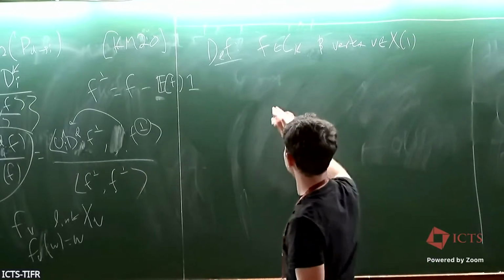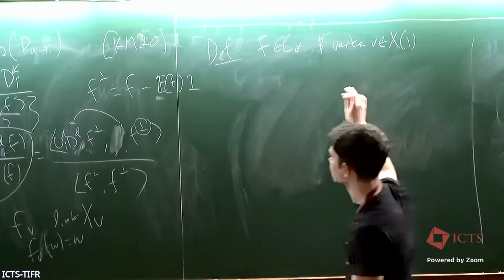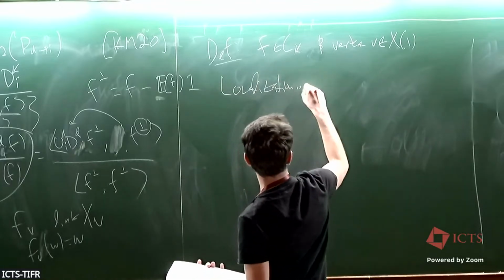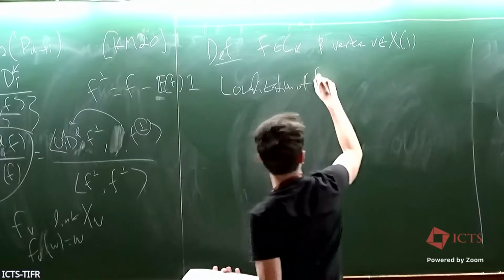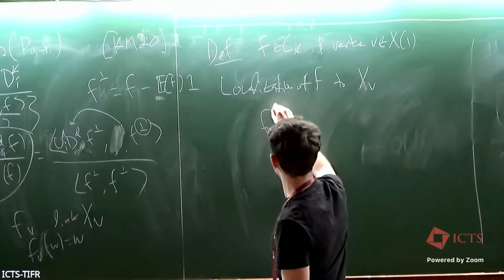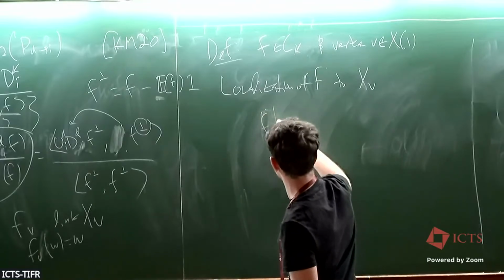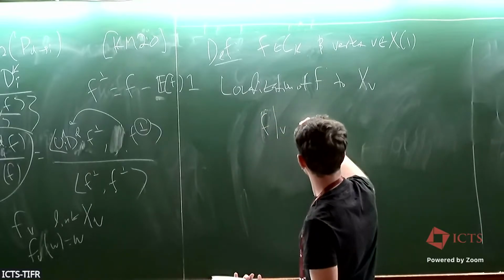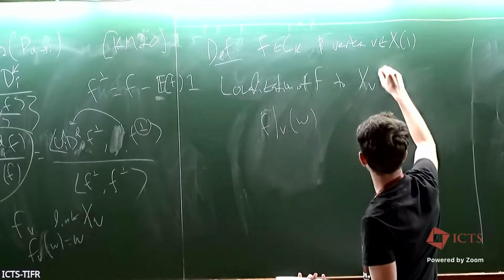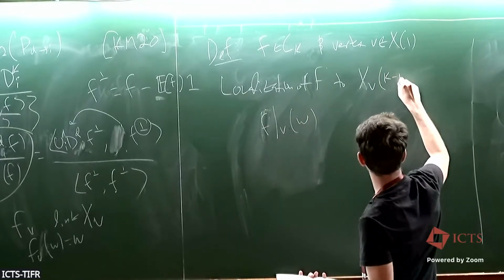The localization of f to the link of v is the function f bar_v, which on a face w in X_v(k-1).